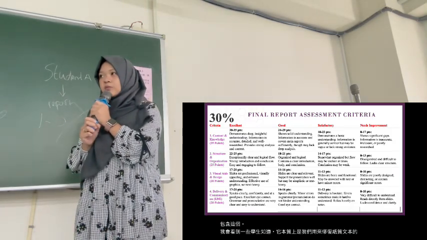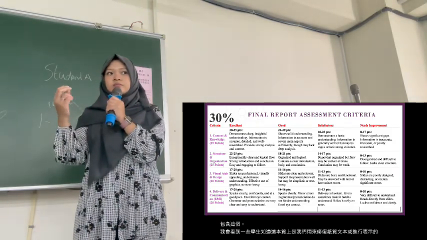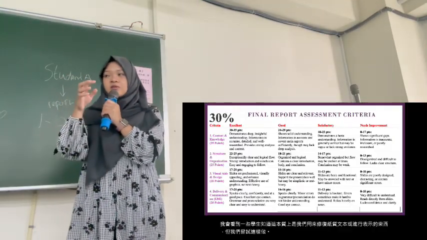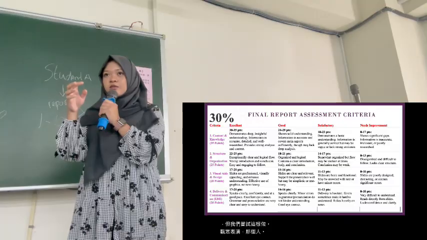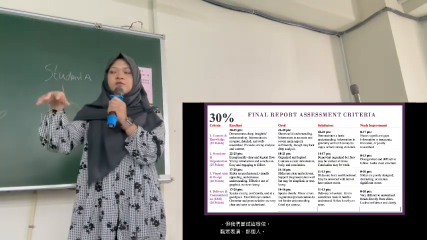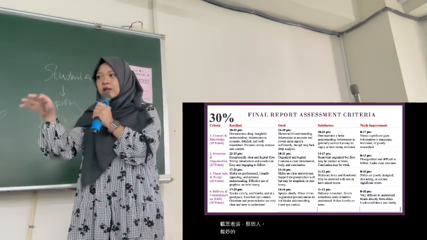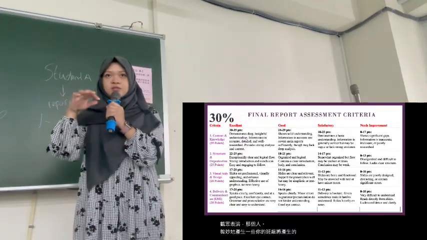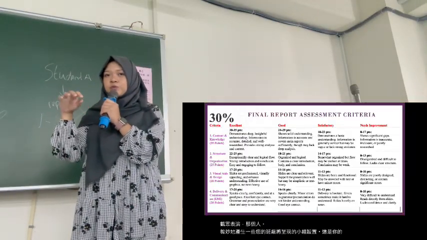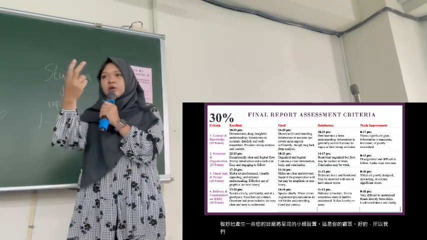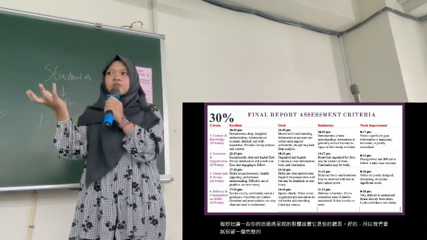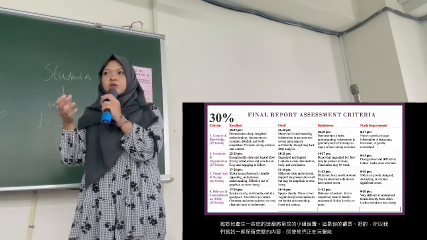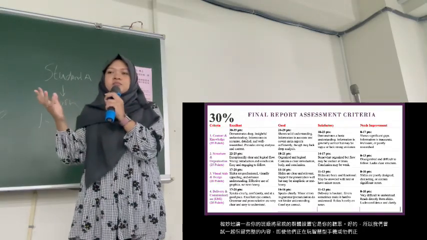I see some of the students prepare paper text during the presentation. It's okay, but try to look at the audience's eyes. For example, the groups, your classmates who present on the same day, are your audience. Try to make good contact with them, even if they are playing with their smartphones or doing anything else.